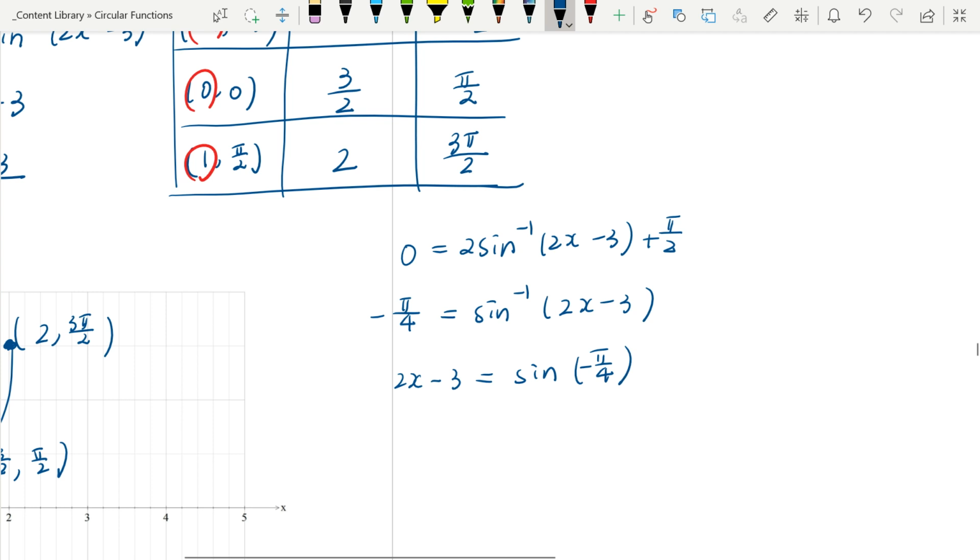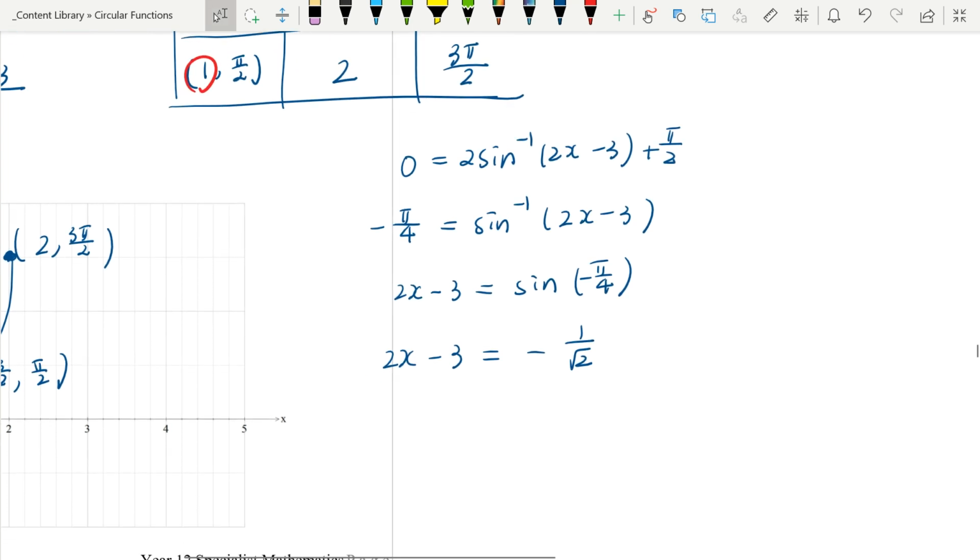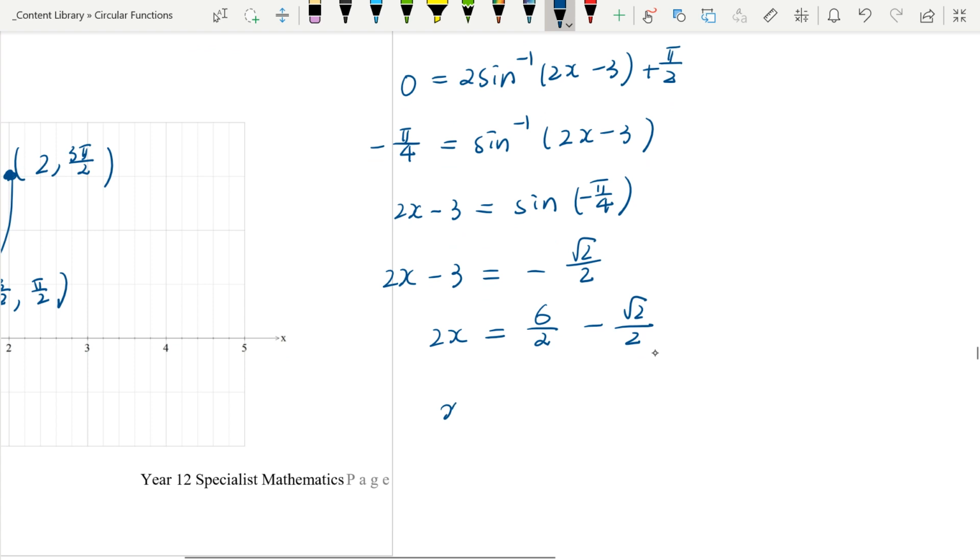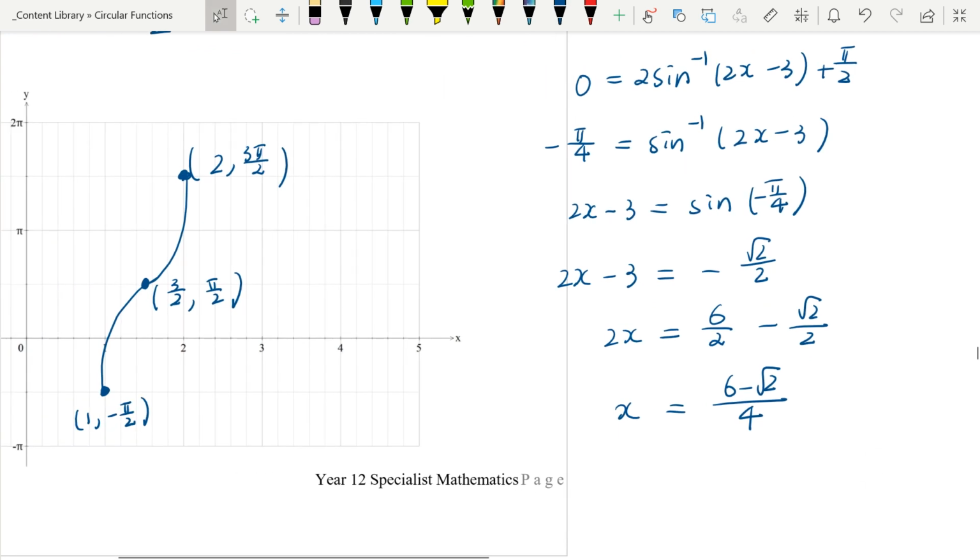What's sine of minus pi on 4? Minus 1 over root 2. So I will make that equal to minus root 2 over 2. Same thing, rationalize. And then 2x equals 6 over 2 minus root 2 over 2 plus the 3, and then times a half. That's 6 minus root 2 over 4, which is that point.